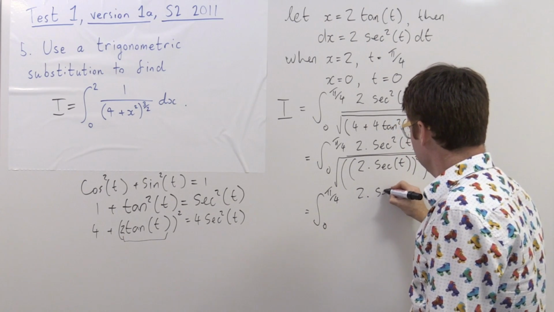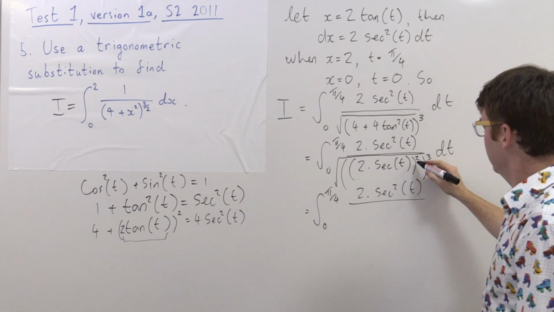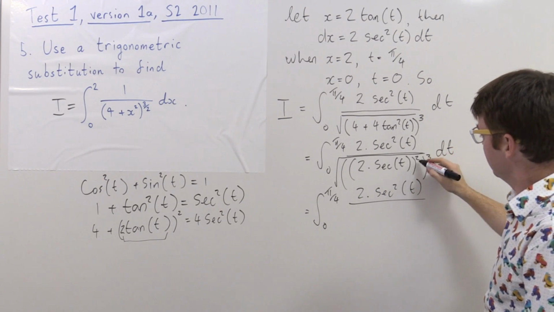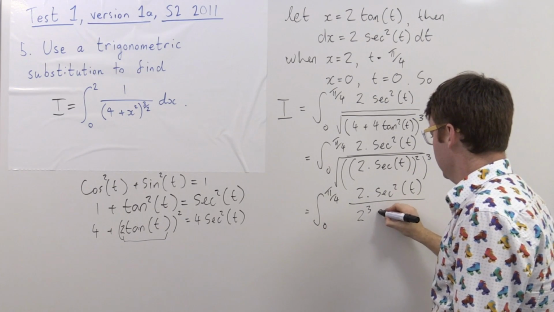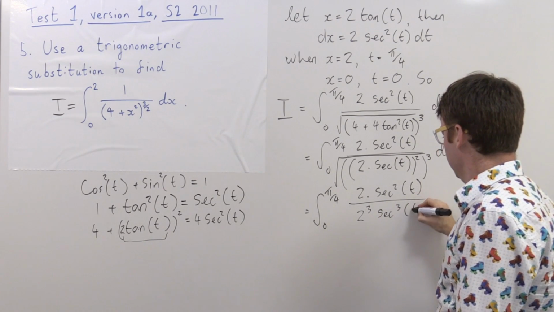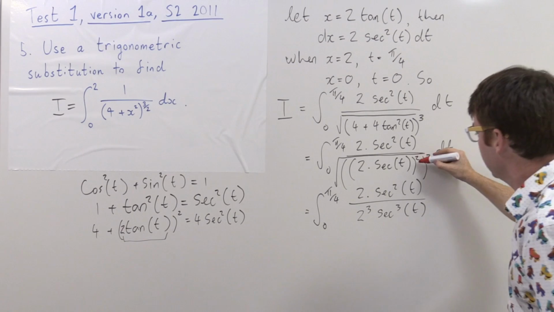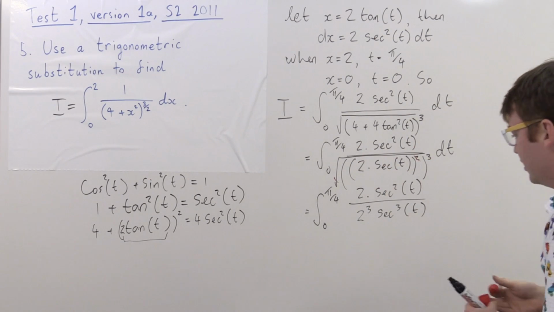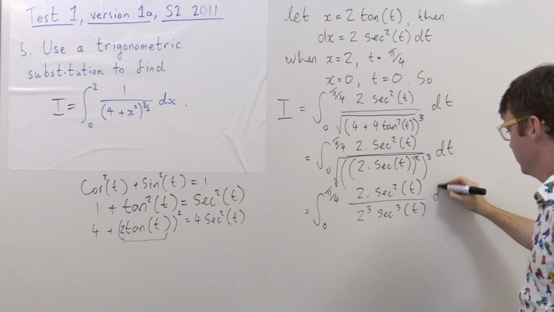Two times sec squared of t, and this simplifies. Well, the 2 and the square and the square root cancel, and I get left with 2 cubed sec cubed of t. Just, if you like, cancelling that square with that square root. And there should be a dt there.